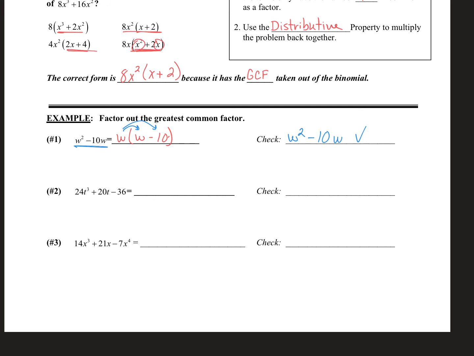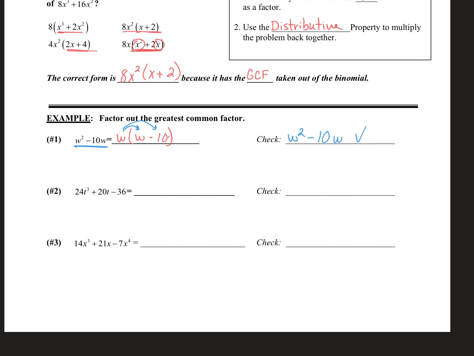So we have 24t cubed plus 20t minus 36. So notice that minus 36 doesn't have a variable attached to it, so our greatest common factor isn't going to have a variable in it either, right? Because each term would have to have a variable for that to be included in our greatest common factor. So now we're just looking for the largest number that divides 24, 20, and 36, all right?